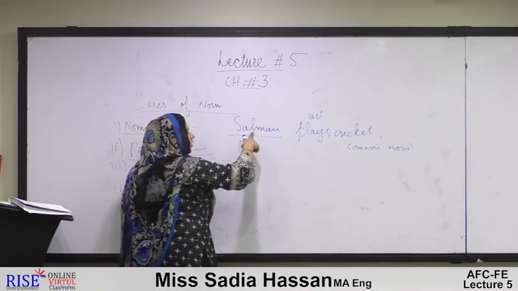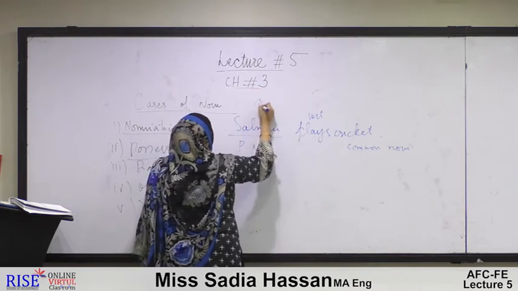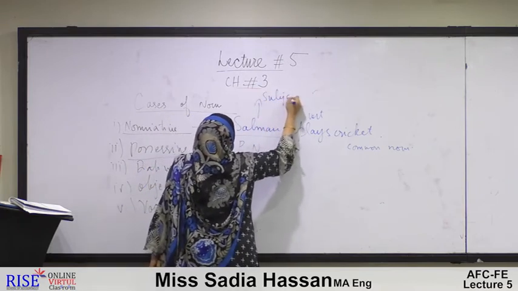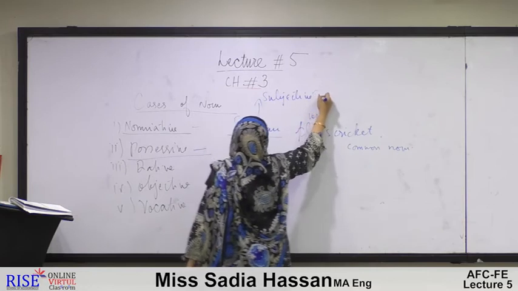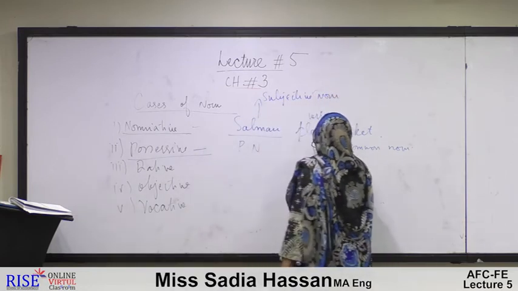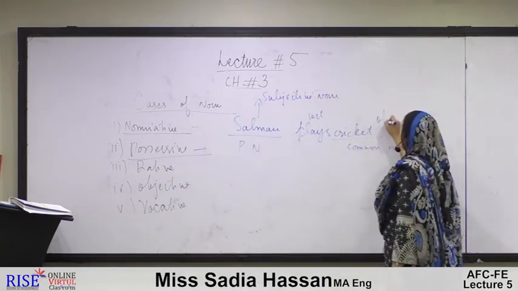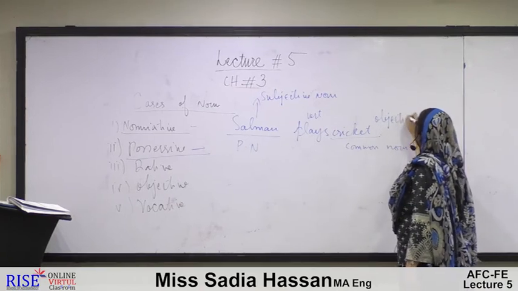Salman is playing the role of a subjective noun, a noun used as a subject. Cricket is being used as an objective noun.